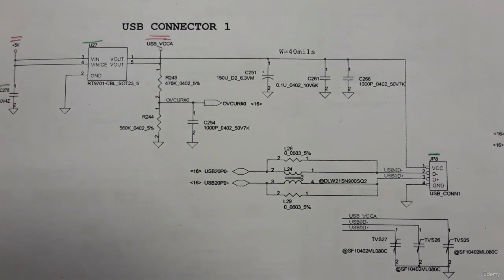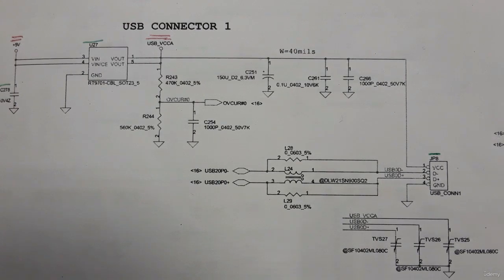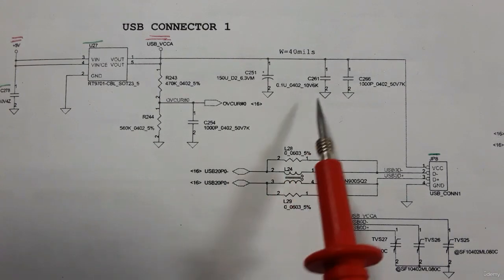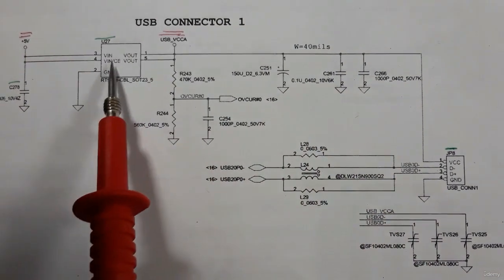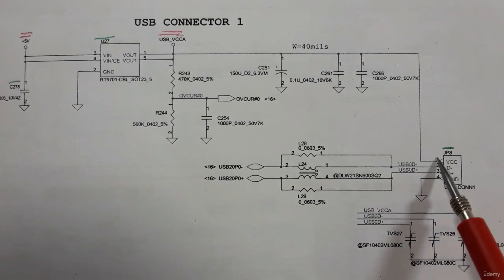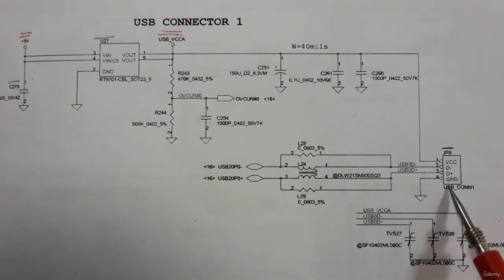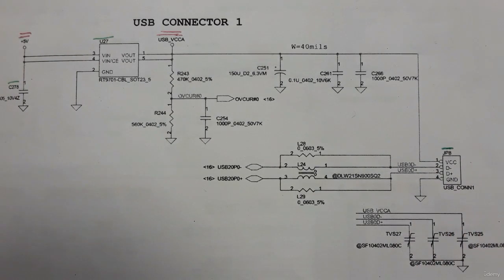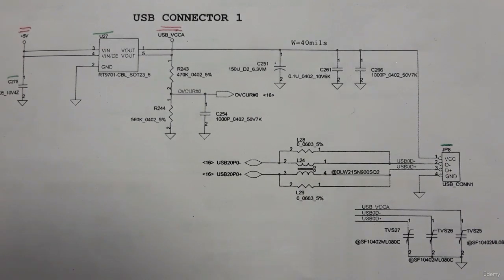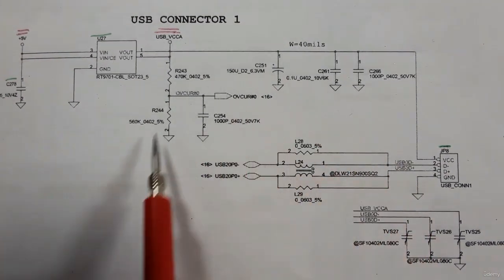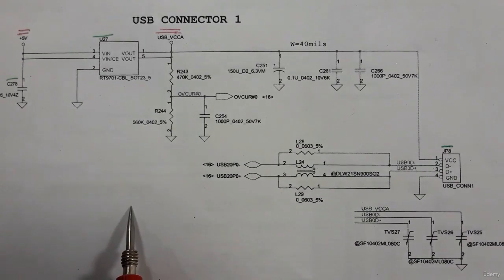Then we will see real parts in a real motherboard, and we will discuss everything about this part. We will see these capacitors, we will see this IC, we will check the pins of the USB connector, we will see this coil, and we will use the multimeter and check everything about this USB connector.